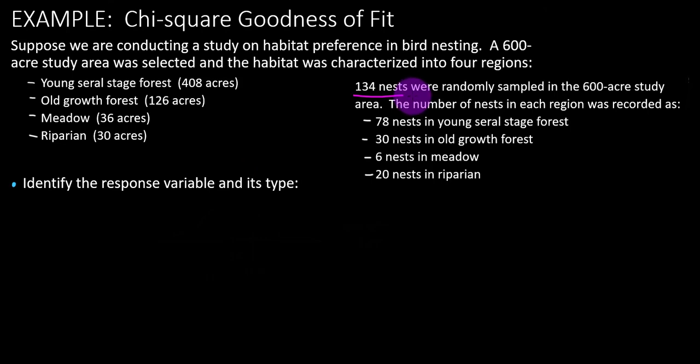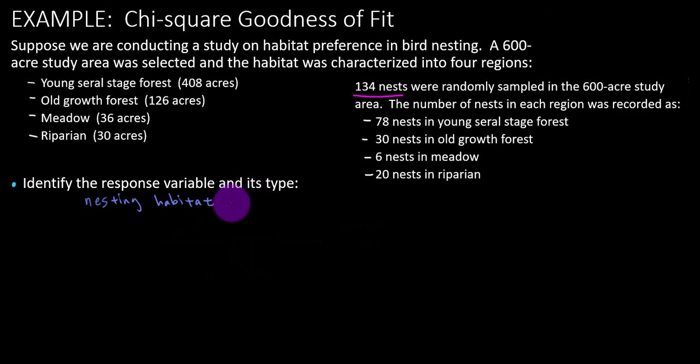Okay, so the researchers are observing the habitat in which the nests are observed. So the response variable is the nesting habitat. Right, they're not measuring or counting per se, they are recording the habitat type that the nest was observed in.